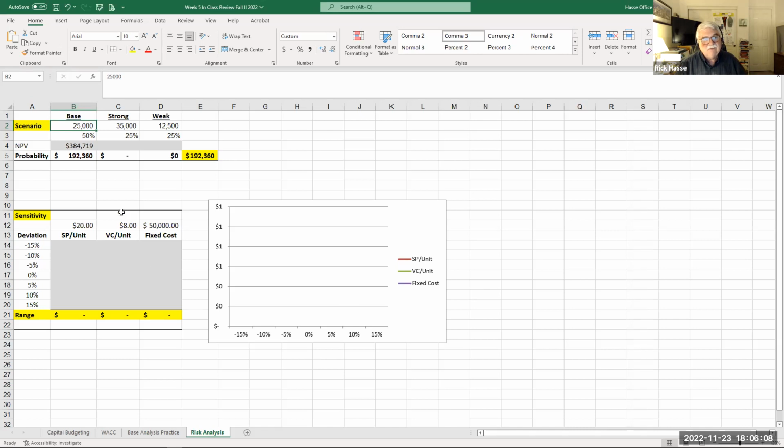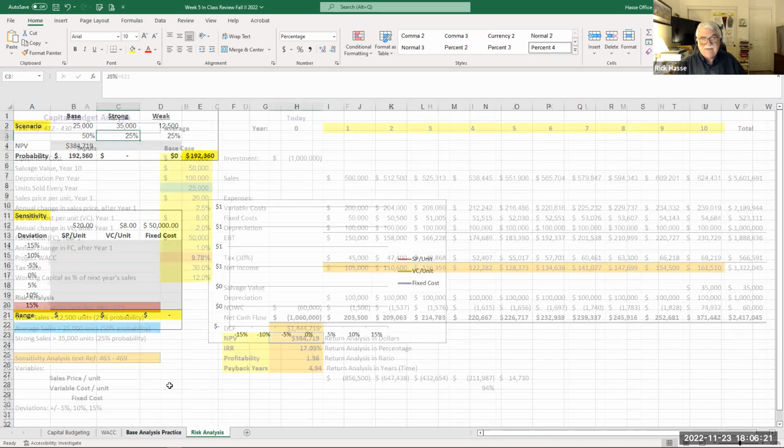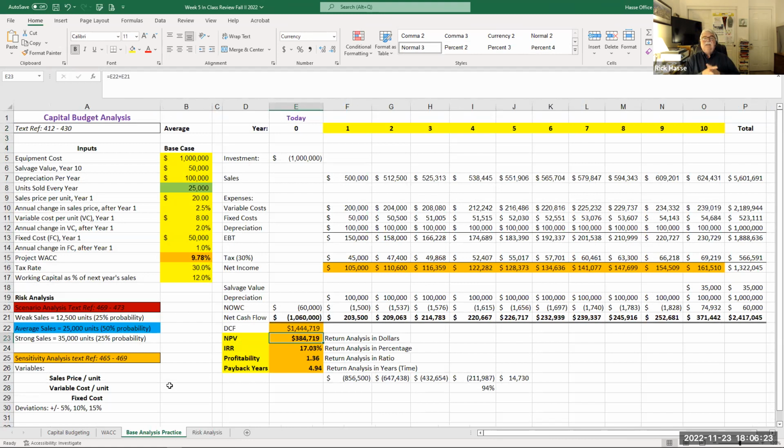Let's anticipate that there's now going to be a strong likelihood of a strong economy. That means we're going to sell 35,000 units a year, and there's a 25% chance of that occurring. So we go back to our base case analysis, and this is where setting up your spreadsheet the correct way will make this a lot easier when we do these risk analyses.